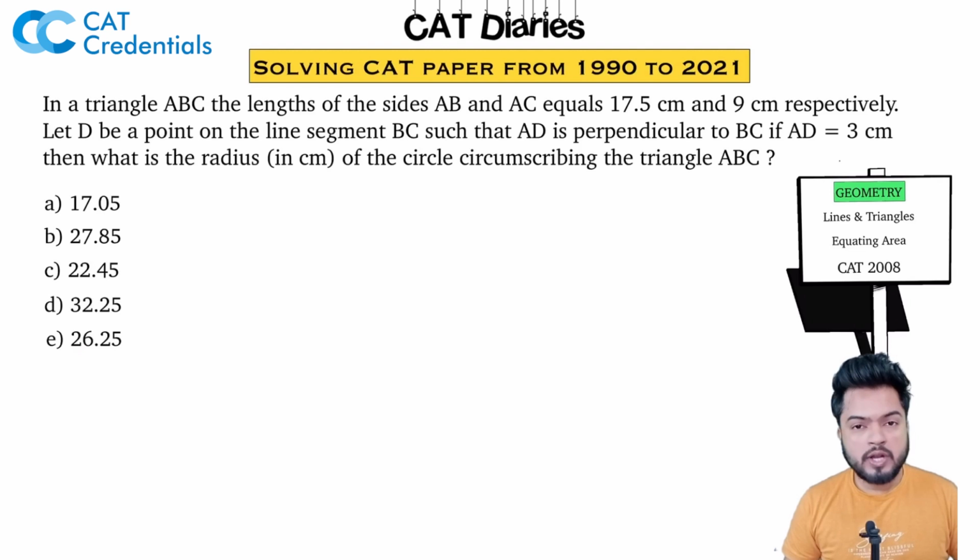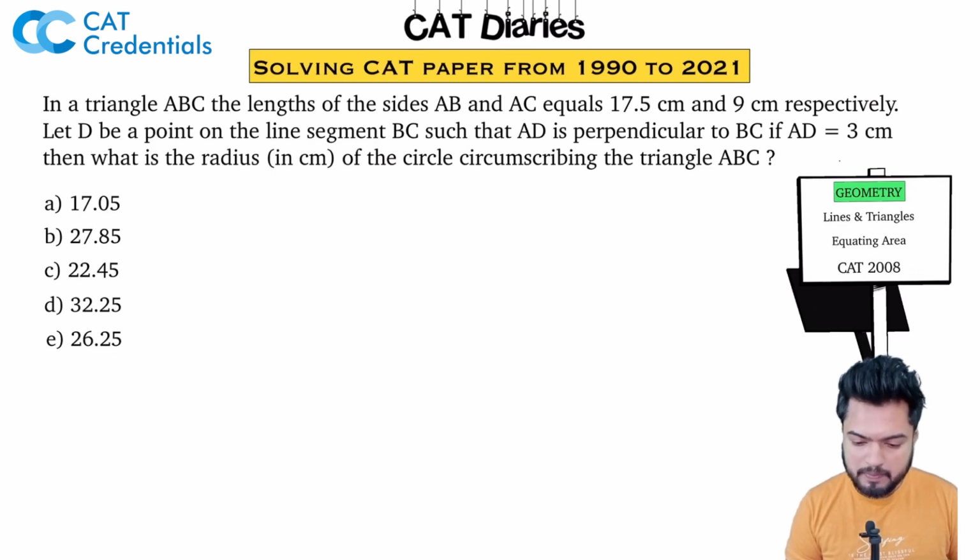Let us see now one more question where we have to equate area to find out length. The same concept, but now you'll have to think which formula of area you will use to find out the length being asked in the problem. This problem appeared in CAT 2008. In a triangle ABC, the lengths of the sides AB and AC are equal to 17.5 and 9 centimeters respectively.